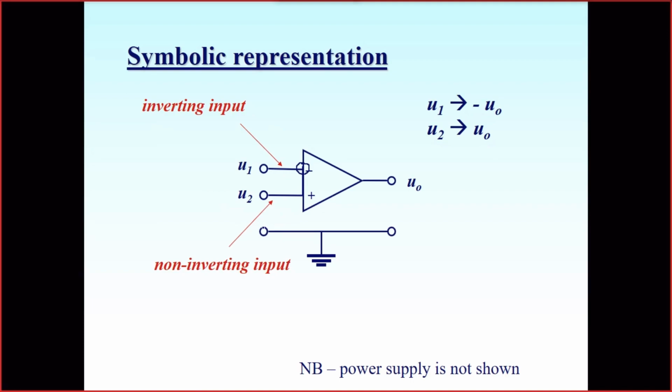When we apply a positive voltage to the non-inverting input, the output will be a positive voltage too. If we put a positive voltage on the inverting input, the output becomes negative. So all the signals we put on the inverting input will be transferred to the op-amp output with a minus sign.